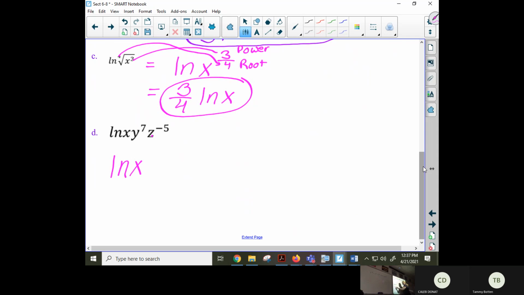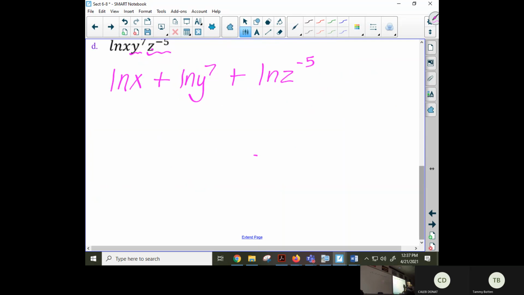So I'd go natural log of x plus, and then I'm going to just take this much and say natural log of y to the 7th plus, and then I'm going to take the ending natural log of z to the -5th. Okay? Now, the only thing that I can do from this point is bring those powers to the front.